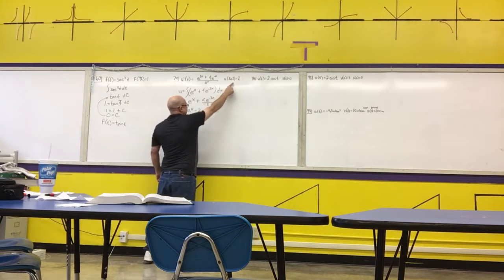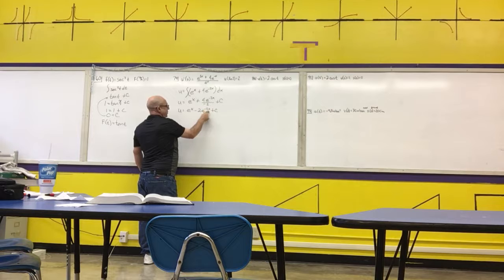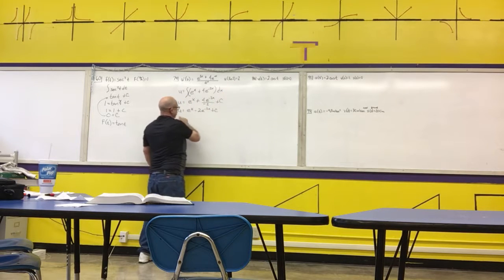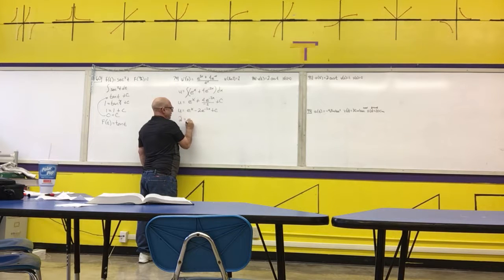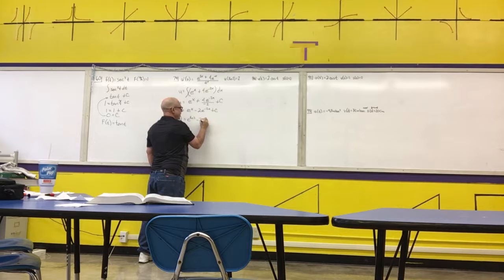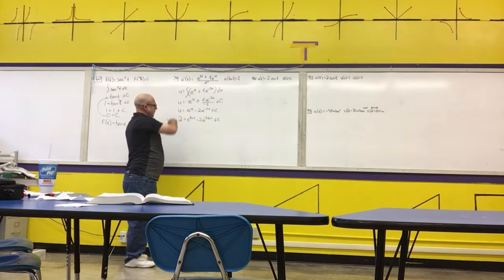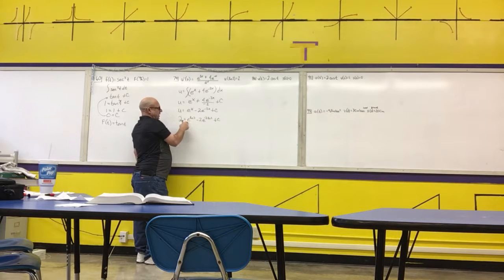I now know when I put a natural log of 2 in for both of these, I get 2 for my answer. So what I'm going to do is write 2 equals e to the natural log of 2 minus 2e to the negative 2 natural log of 2 plus c. This one's easy. E to the natural log of 2 is just 2.